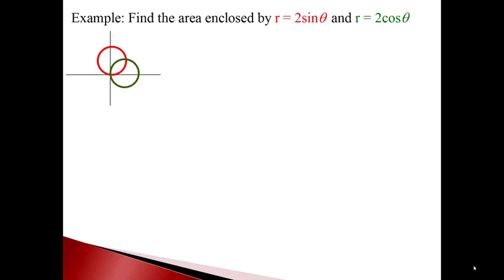The given area must be divided into two parts. The first part contains a part of the curve r equal to 2 sine theta. The endpoints correspond to theta equals 0 and theta equals pi over 4. The area of this part is the integral from 0 to pi over 4 of 1/2 multiplied by 2 sine theta squared.